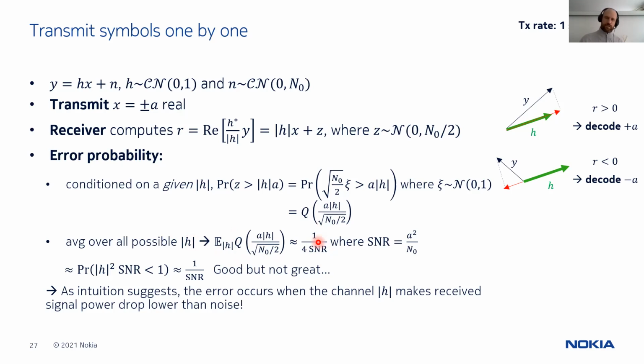And actually, this is not surprising, because 1 over SNR is basically the probability that the channel is so bad that the overall received signal is smaller than the noise power. So just to say that 1 over SNR is not a surprise. It's basically the probability, in some sense, that the channel is bad. Okay, so how to make this better?